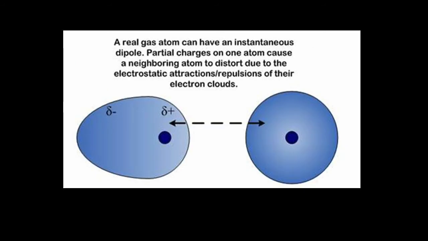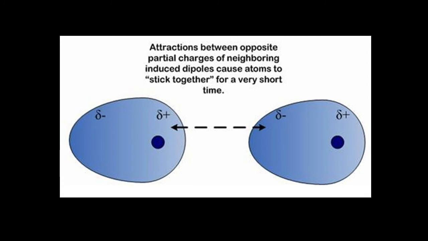A real gas atom can have an instantaneous dipole. Partial charges on one atom cause a neighboring atom to distort due to the electrostatic attraction and repulsion of their electron clouds. Attractions between opposite partial charges of neighboring induced dipoles cause atoms to stick together for a very short time.